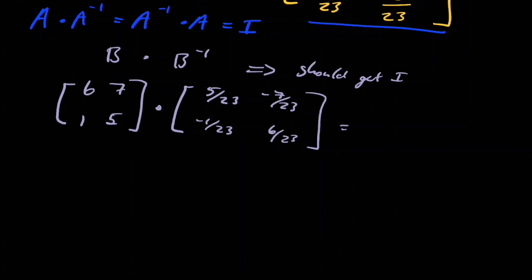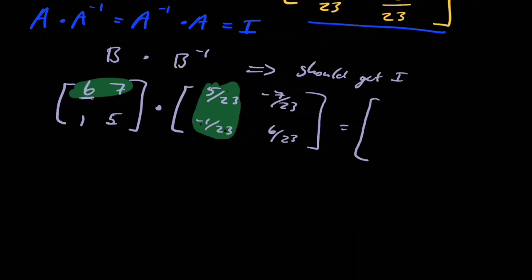So we are going to take the first row in our first matrix. So we have 6 and 7. And we're going to start off by multiplying it by the first column in our second matrix. So we're going to take the first times the first and add the second times second.